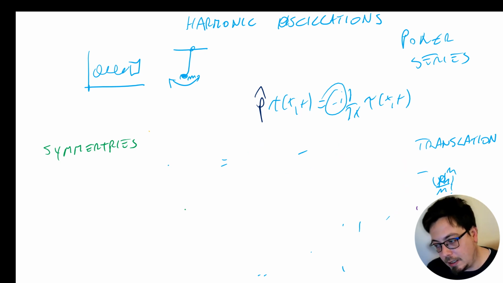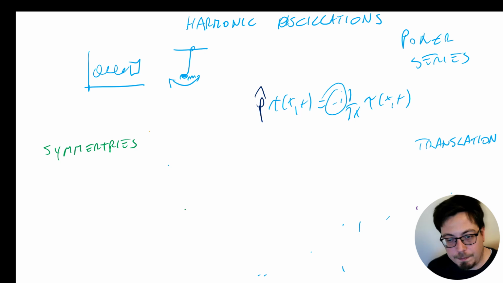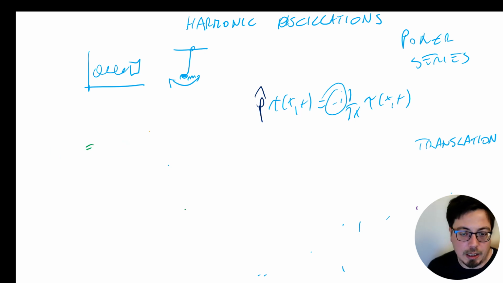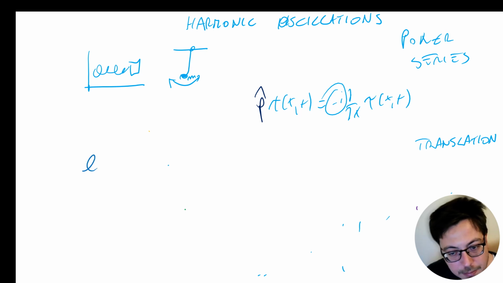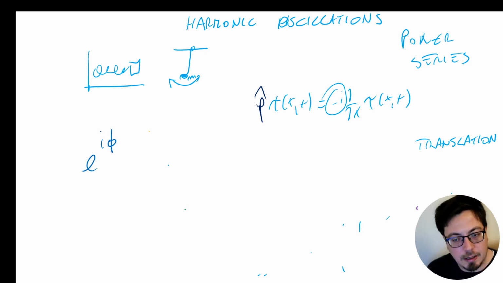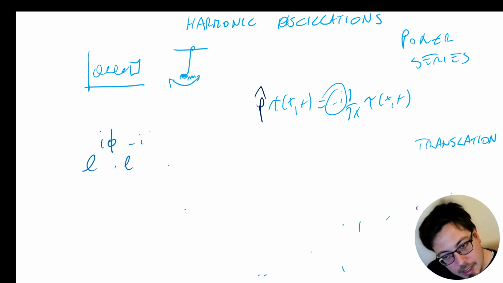So let's see that this physics is the same, and to do that we just need to remember one thing. Suppose we have a complex number e to the i phi times e to the minus i phi.